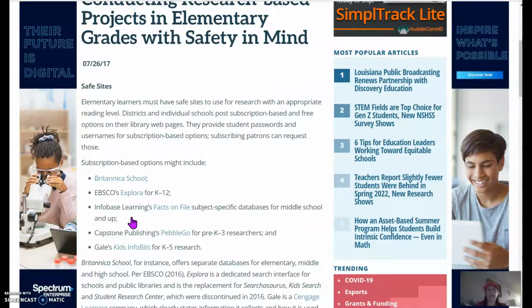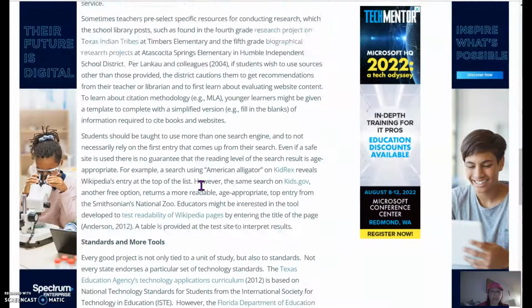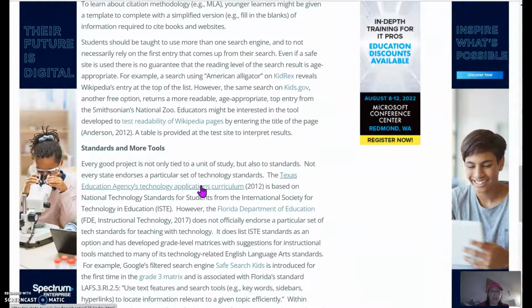And I like how it lists some safe sites, because that's also a very important piece of research. In particular, it talks about Britannica School, which is the research engine that I use in my research project for my third graders. So I found that to be positive for me. At least I know I'm using the right kind of tools with them.